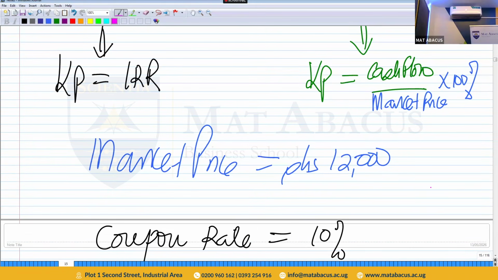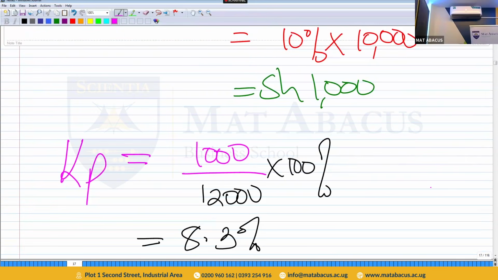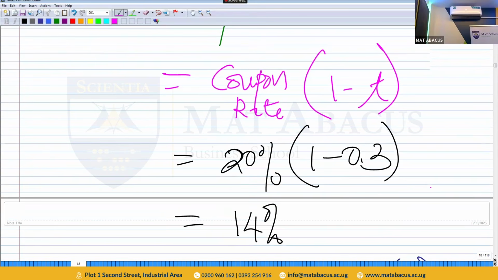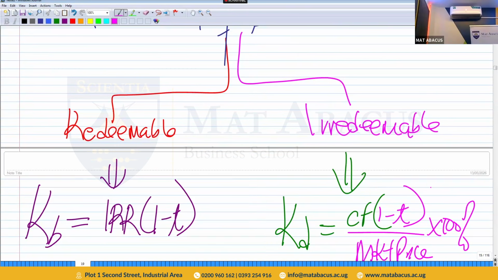I mean, from profit after tax. But for a debenture, the interest expense is tax deductible. That's why you see in the last case question, they are also asking you, what are the advantages of debt over equity?